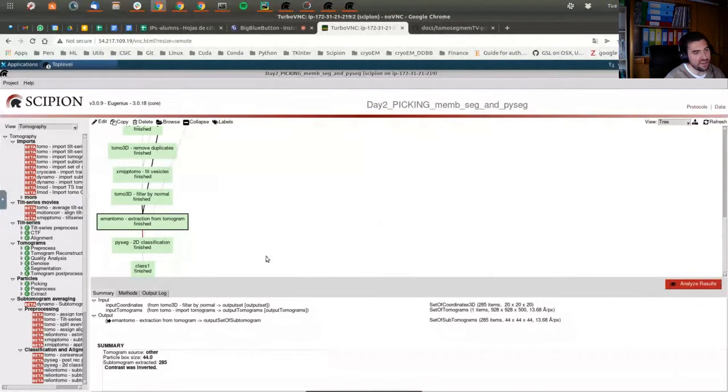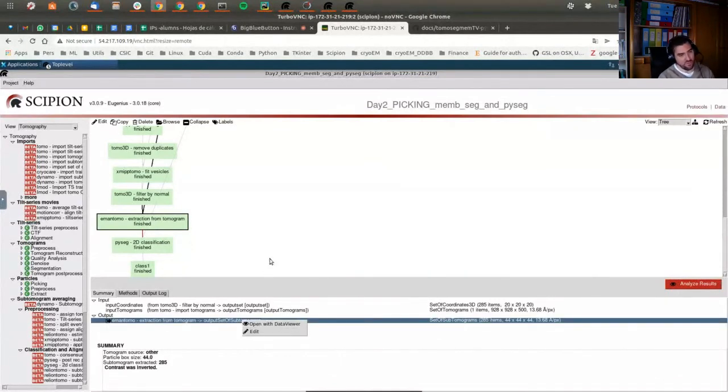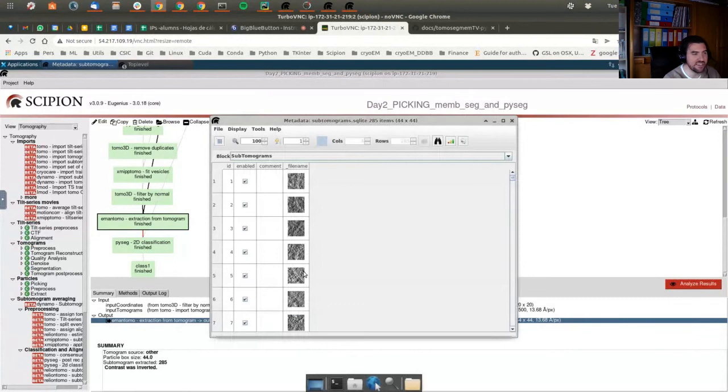Here we have the same number of items as the coordinates, but with a box size, cropped from the volume. It's not quite illustrative, but as you can see, we have some small volume which has been cropped from our tomogram.